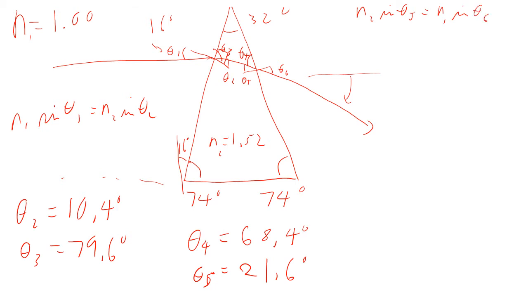So we go through the mathematics there, and theta 6 turns out to be equal to 34 degrees. With that, we can get theta 7. Theta 7 is going to be 90 degrees minus theta 6. So that would be 56 degrees.